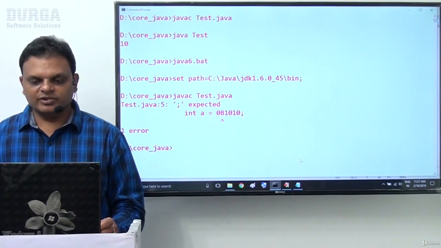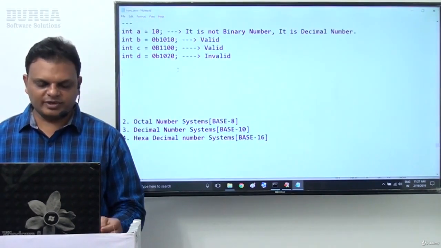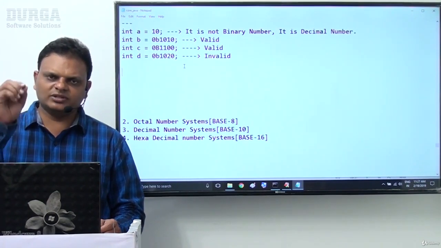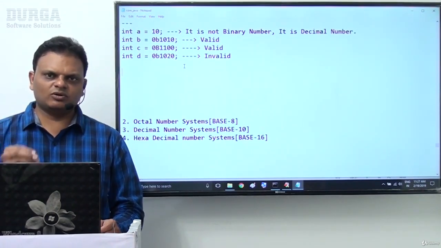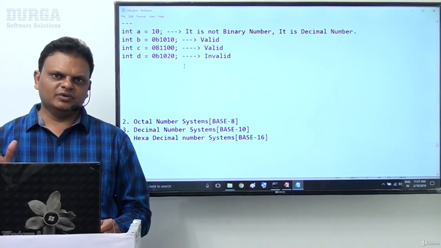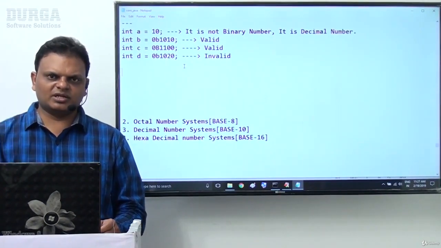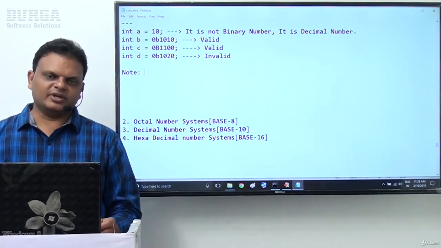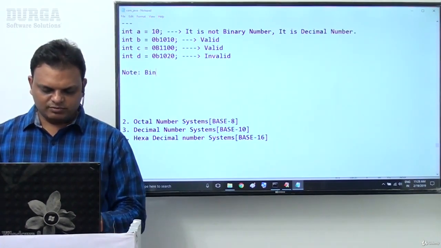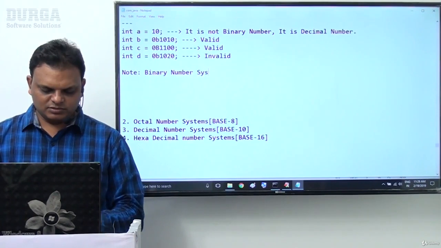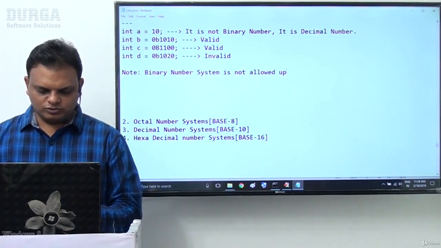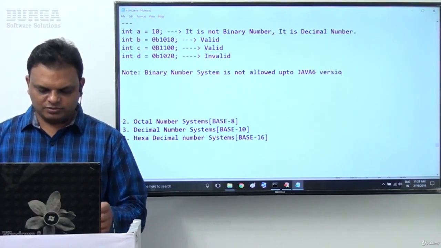The meaning is very clear: the binary number system is not allowed in Java 6 version. It is allowed right from Java 7 version only. Binary number system is not allowed up to Java 6 version.